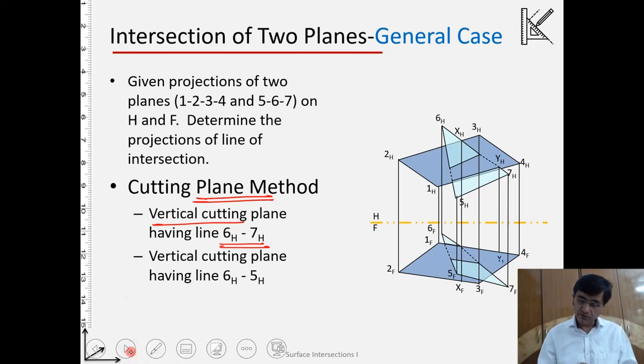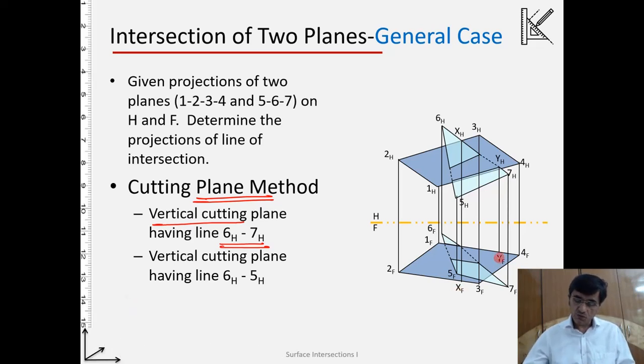If I give the full name, it is now XfYf, which is the projection of XhYh, or projection of XY onto the frontal. Now with the help of this, and what we have learned so far, I can very easily identify the point of intersection of XY with 6 7.